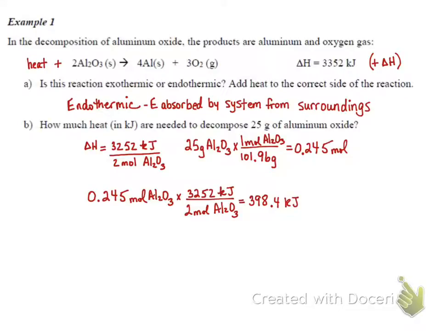So then if we combine those two things, we have the number of moles of aluminum oxide and 3352 kilojoules for every 2 moles. And then we plug that into a calculator and get 398.4 kilojoules. That's the amount of energy that has to be added to decompose 25 grams of aluminum oxide.